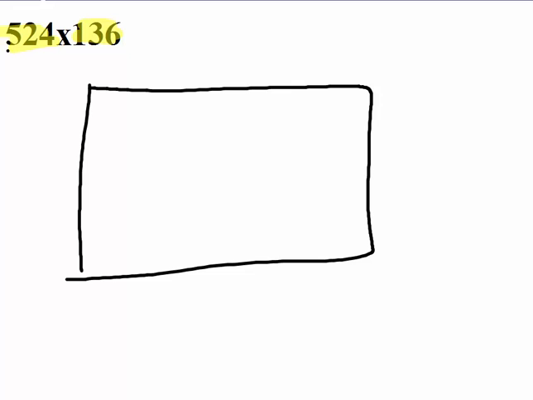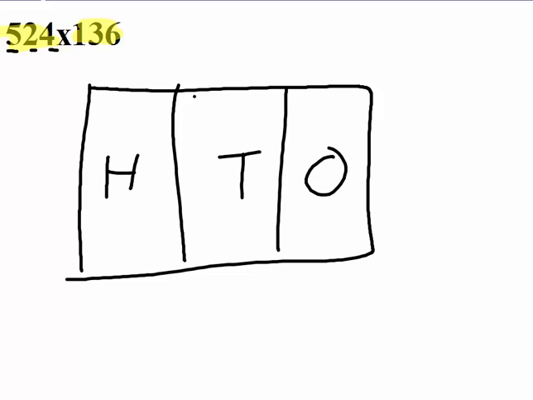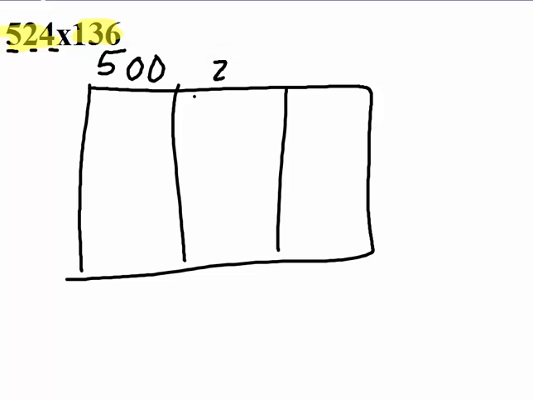So what I'm going to do is I have 3 place values, so that will be 1, 2, 3, but this is where it's going to be different. Instead of saying hundreds, tens, ones, I'm just going to put the units there. I'm going to use that expanded form. So here's 500, 20, and 4.